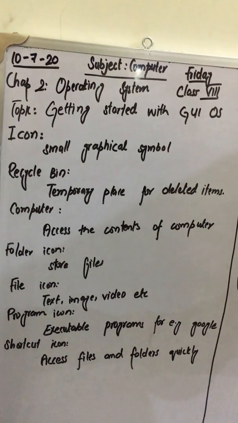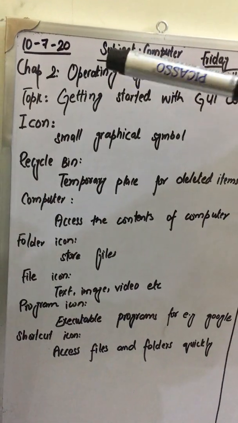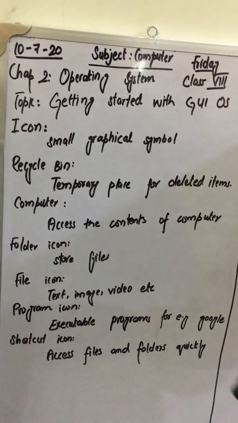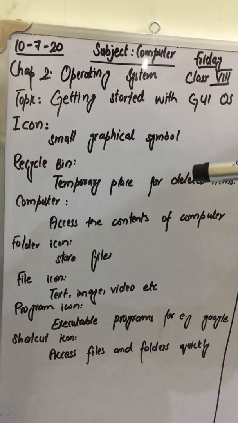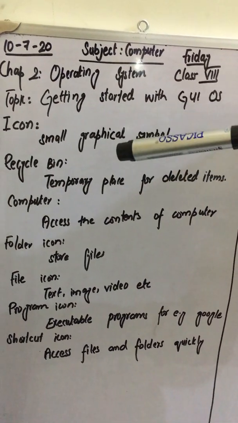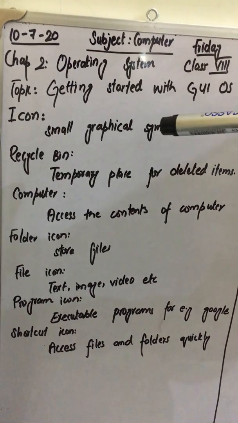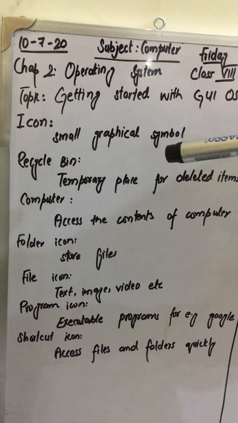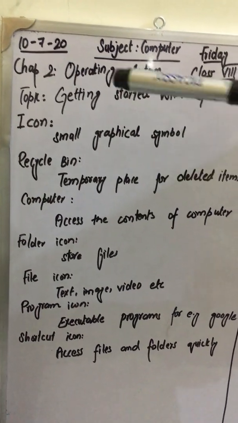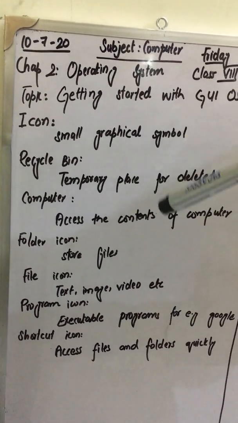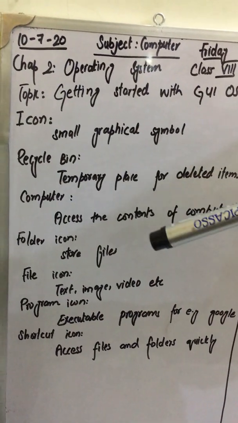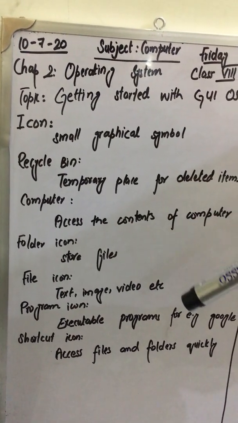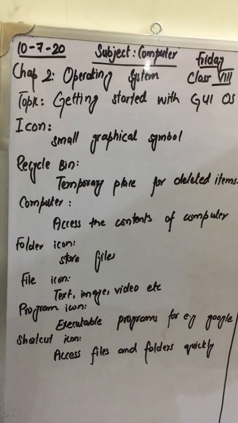Number 1 is, what is an icon? An icon is a small graphical symbol that can represent a file, a folder, an application, or a device. There are some special icons such as the computer icon and recycle bin icon that are kept on the desktop, so you can access them quickly.